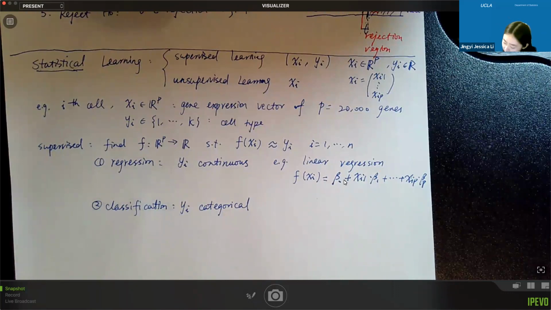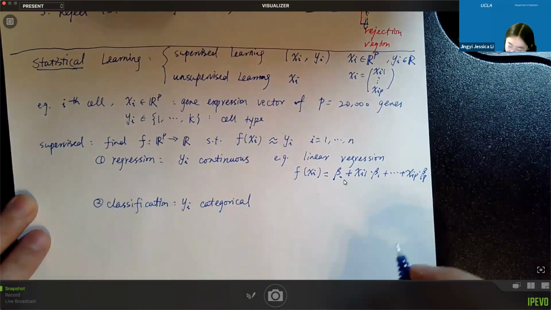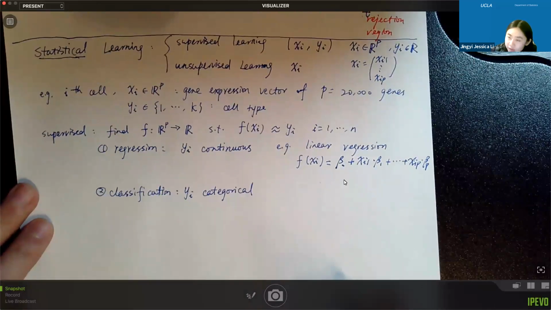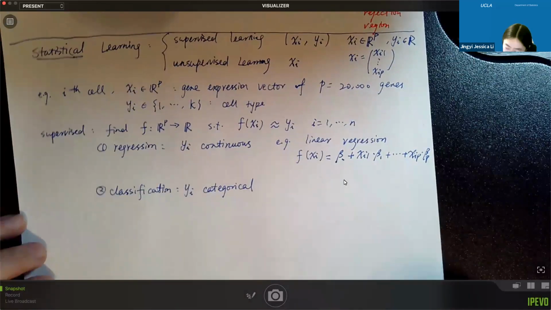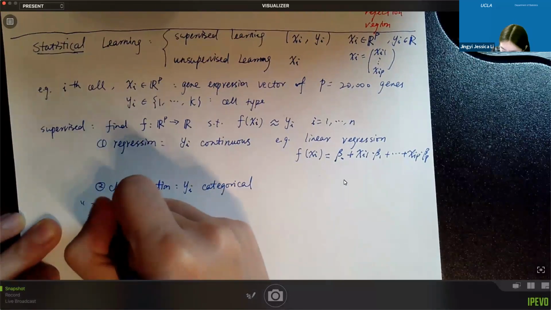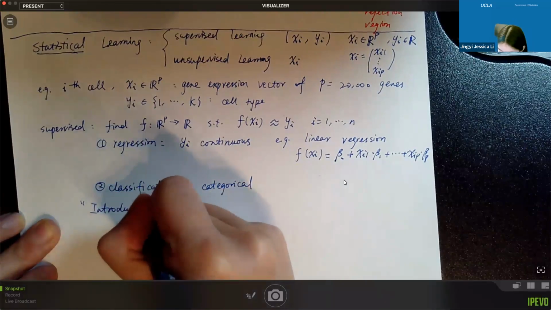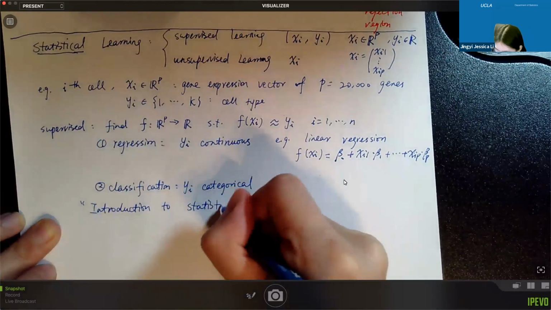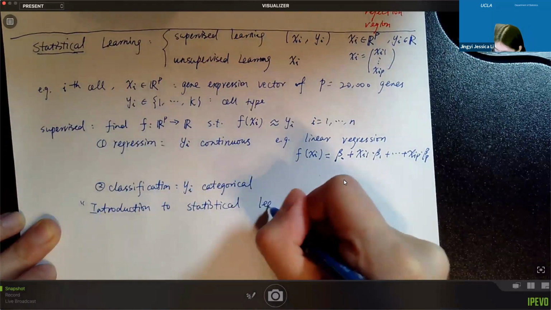So I'm actually going to defer this for your own reading. If you're interested in supervised learning, I will strongly recommend a book which is very easy to follow and has a lot of examples in R. It's called Introduction to Statistical Learning. This book is used for our undergraduate class.